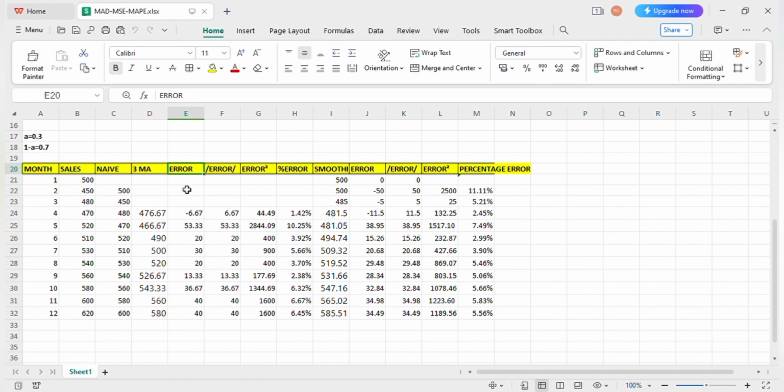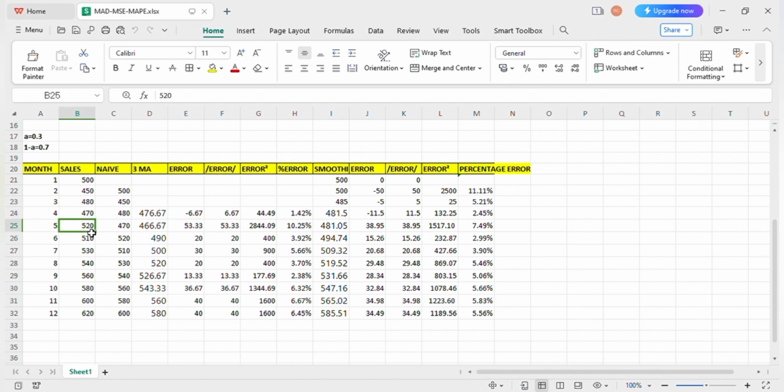In order to get the error, we subtract the forecasted sales, the three moving averages, from the actual sales or actual demand. So 470 minus 476.67, we get negative 6.67.